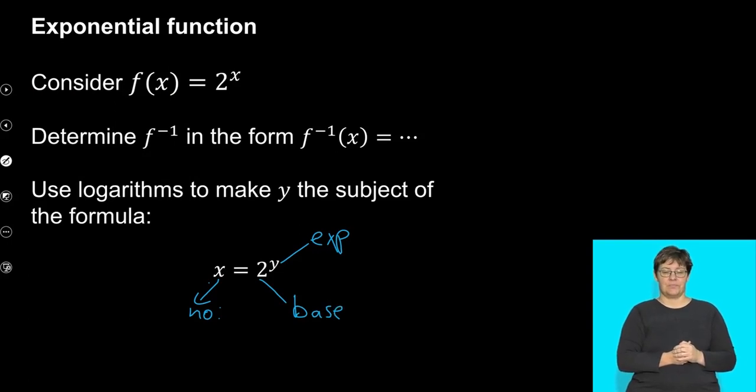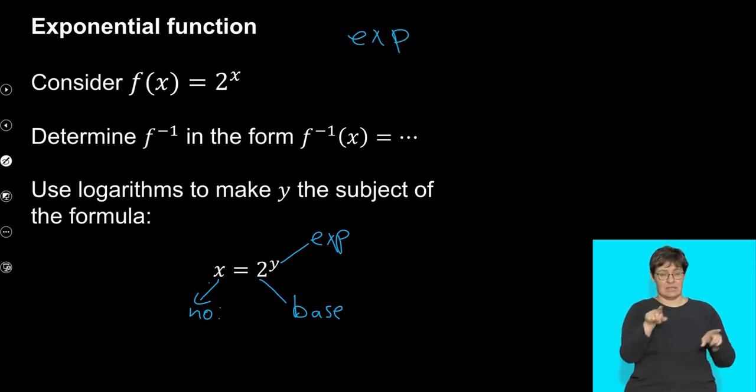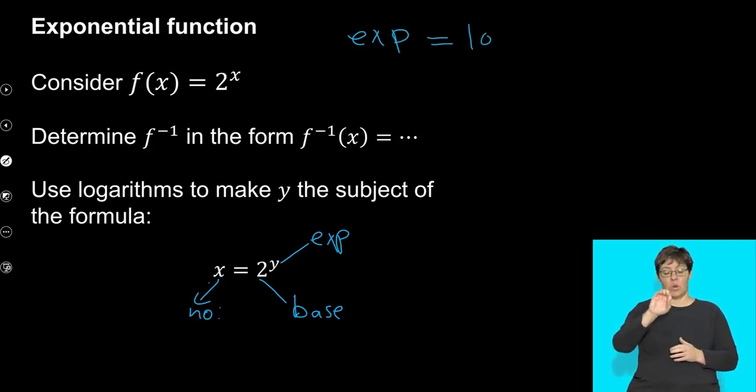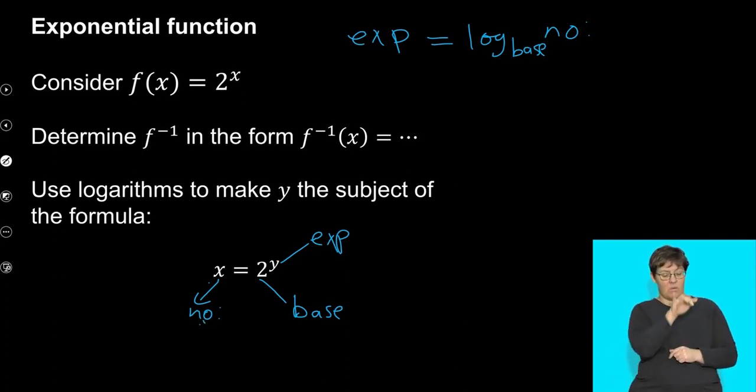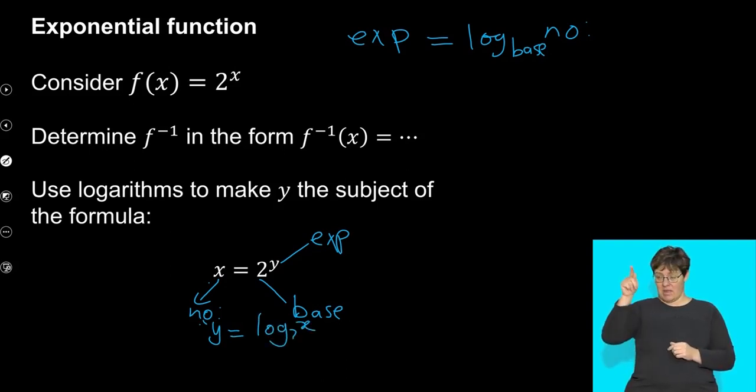And just remember, the log is normally given by: exponent is equal to the log of a number to a base. So in simple terms, this will be y is equal to log of a number, which is x, and then base 2.